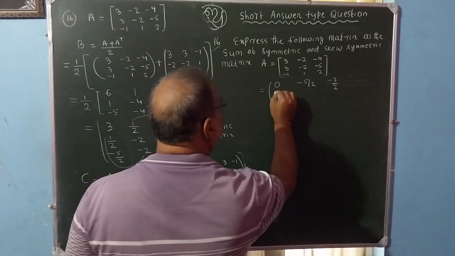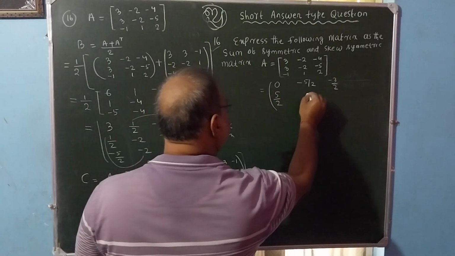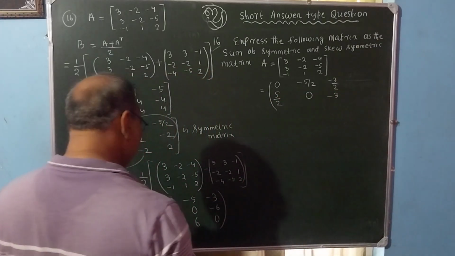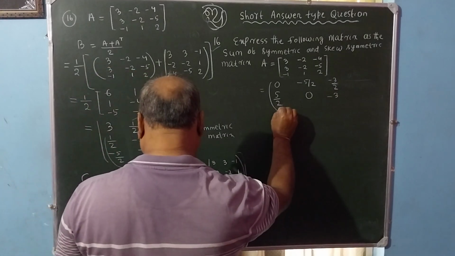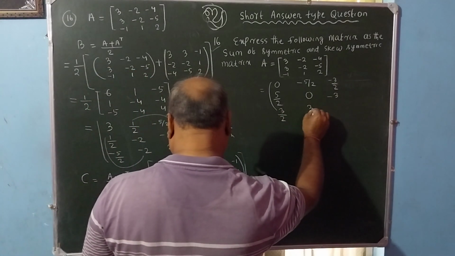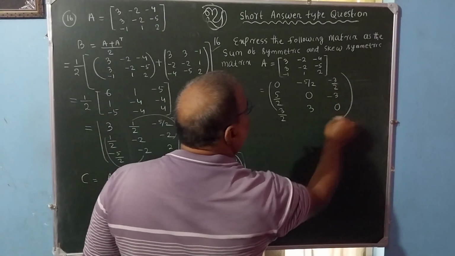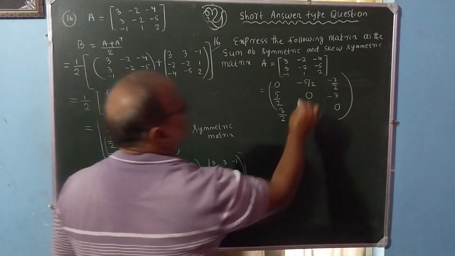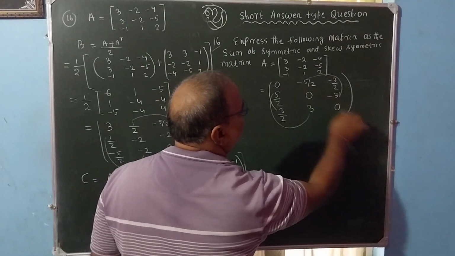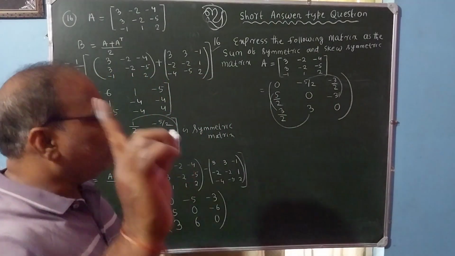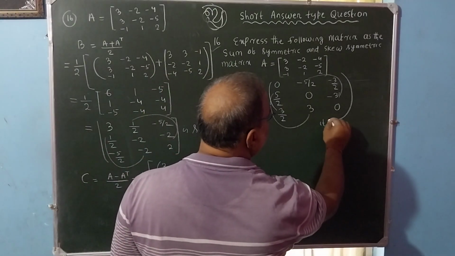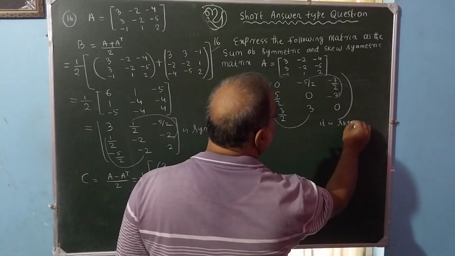Here it is 5/2, here it is 0, here it is -3. Here it is 3/2, here it is 3, here it is 0. It is skew symmetric because all elements are negative here and positive there. Main diagonal element is always 0 for a skew symmetric matrix.